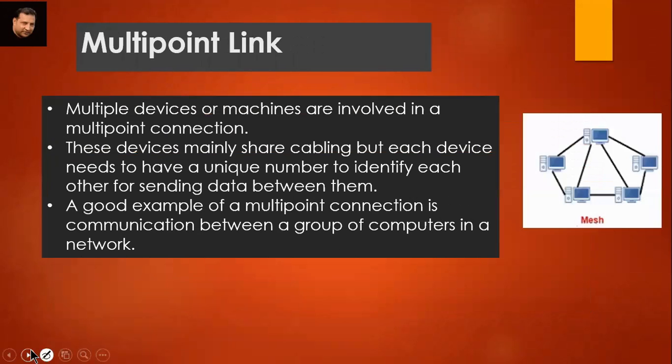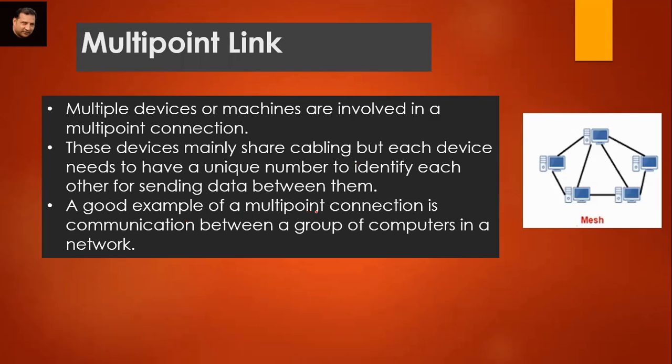Then we have multi-point link, in which multiple devices or machines are involved in a multi-point connection. These devices mainly share cabling, but each device needs to have a unique number like an IP address to identify each other for sending data between them.